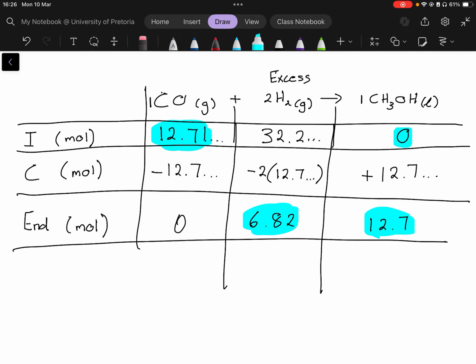Notice how the hydrogen did not dictate anything about the methanol. It was the CO, the limiting reagent, that dictated everything about the methanol. Okay, so this is a simple example trying to describe the fundamentals of what the more difficult examples can do.